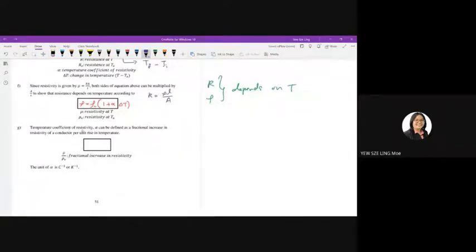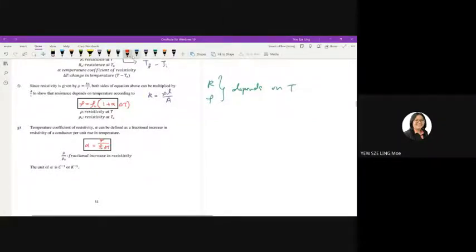So, temperature coefficient of resistivity, which is the alpha, can be defined as fractional. Basically you just rearrange the equations and you will obtain alpha equals rho over rho naught delta T. So how to obtain these equations?